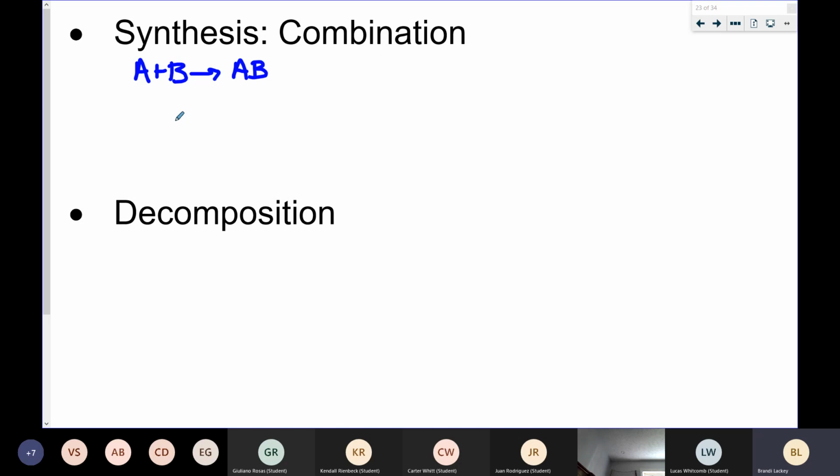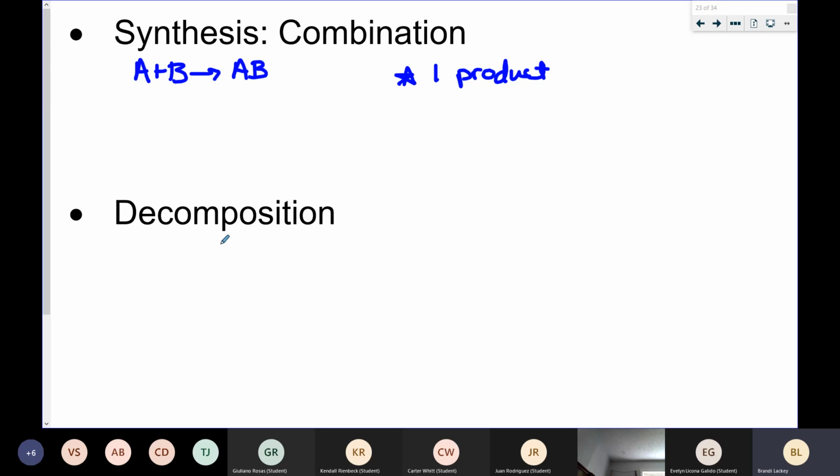It can be 2 compounds that combine to form a product. The thing that you're looking for is that there's only going to be 1 product in a combination reaction. So whether it's 2 elements or 2 compounds or an element and a compound, if there is 1 product, it's going to be synthesis.